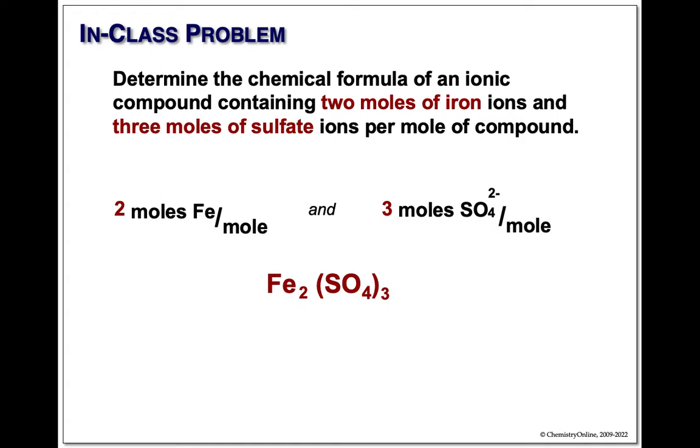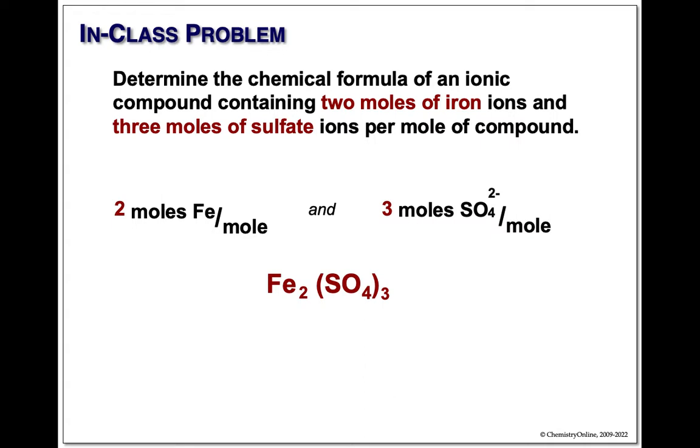All right, we have a test coming up, don't we? What is this thing called? Is it ionic or molecular? It's an ionic compound, yes. What's the name of it? Iron sulfate. Iron what sulfate?